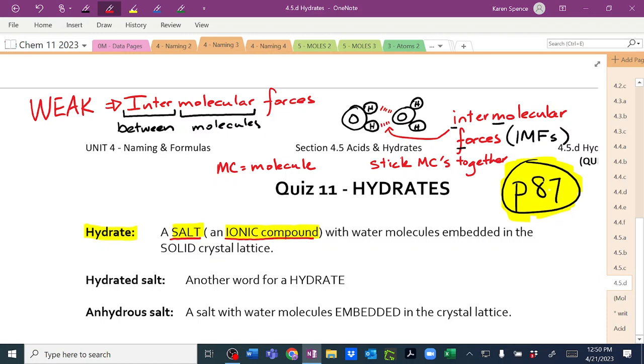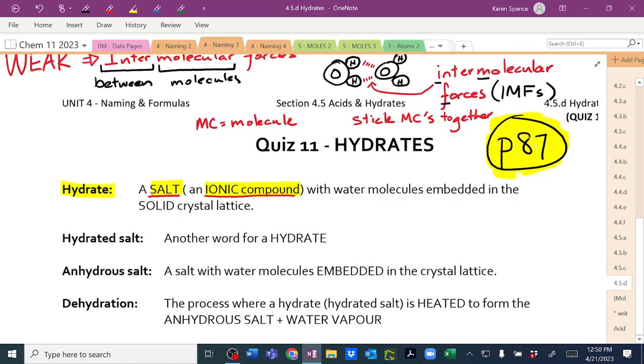So liquid to gas, 100 degrees. So that's a lot lower temperature than salt. If you put salt at 100 degrees, it'll just sit there and be like, I'm still salt. I'm still a solid. Because the bonds are really strong. But the forces between the molecules are quite weak, so at 100 degrees they will separate.